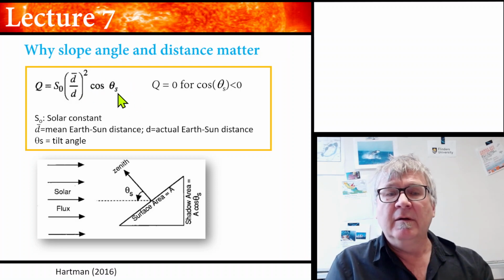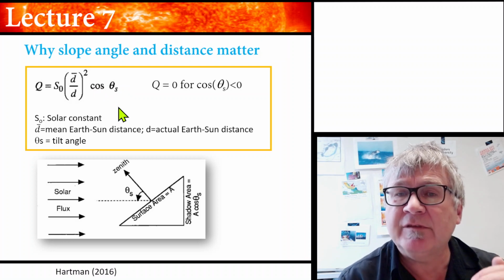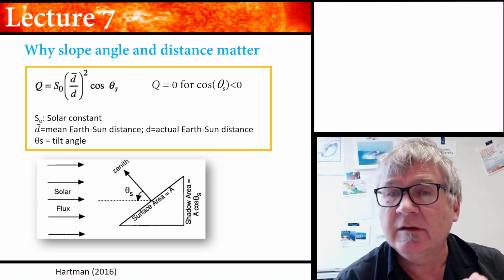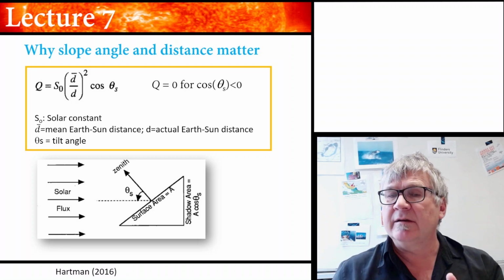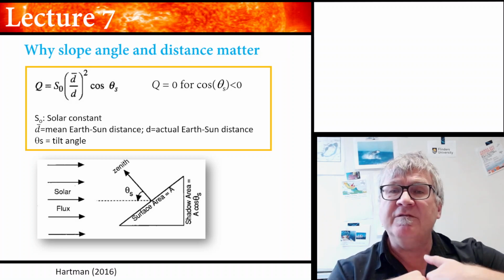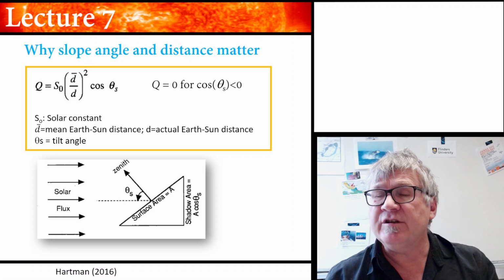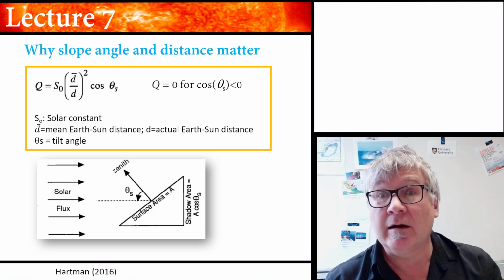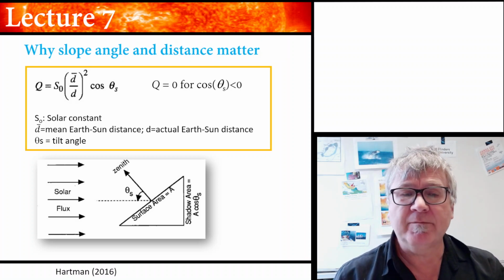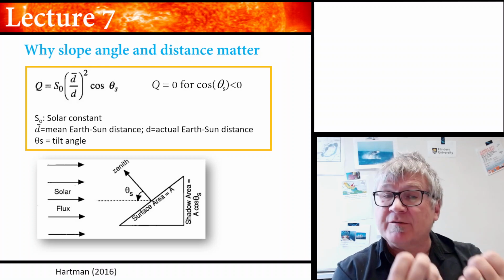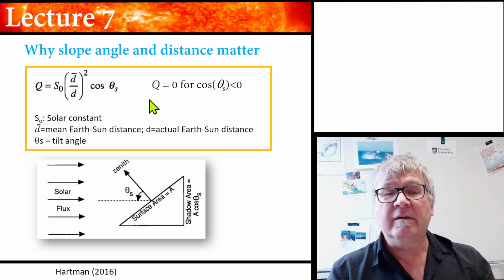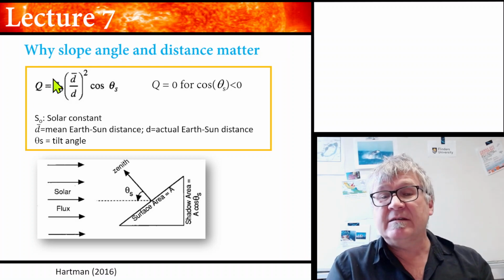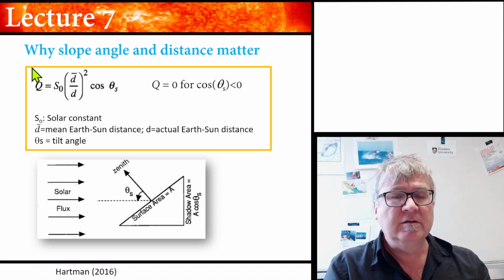Plus, you have the effect, and I haven't mentioned that, if you're on the other side, opposite to the sun, indeed you have zero energy flux during nighttime. So this is how you express a formula for the heat flux received, the insolation.